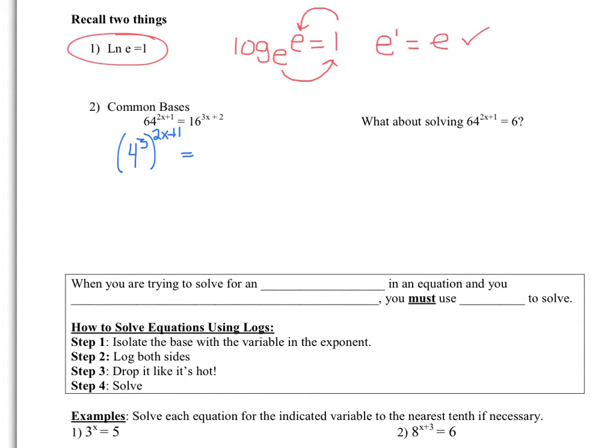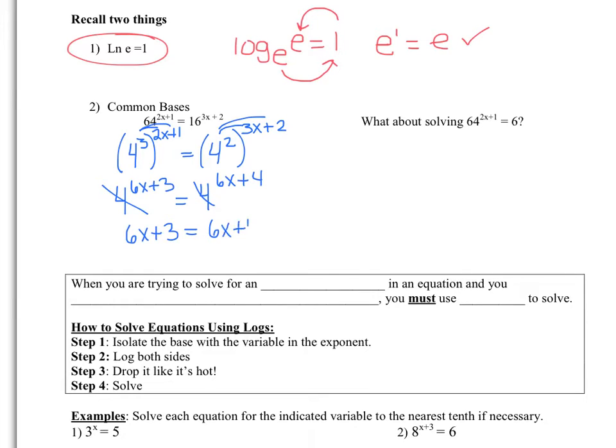You would rewrite 16 as 4 squared, and you'd be left raising it to the 3x plus 2 power. And then we would distribute the powers in, so we'd have 4 to the 6x plus 3 equals 4 to the 6x plus 4. We'd cross off the bases, and we would set the exponents equal to each other, and we would eventually do some solving, and we'd get an answer.